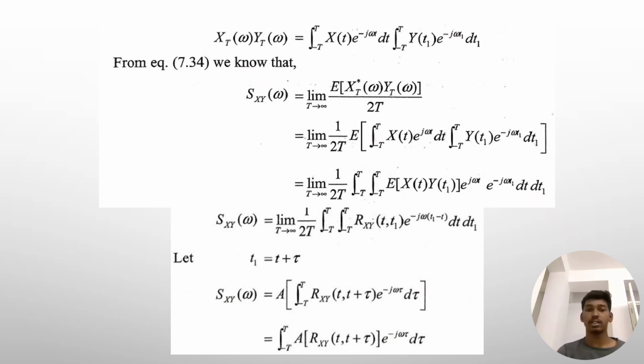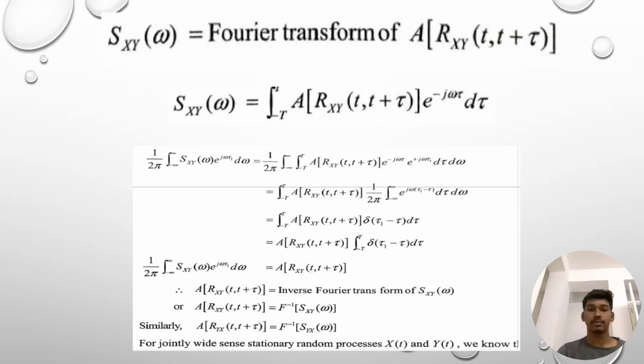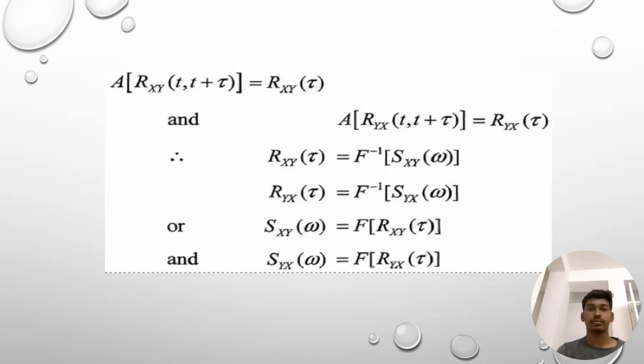If we derive this, we get the final term: Sxy of omega is equal to the Fourier transform of the average of Rxy of t comma t plus tau. This is the derivation, where the average of Rxy of t comma t plus tau is equal to Rxy of tau.